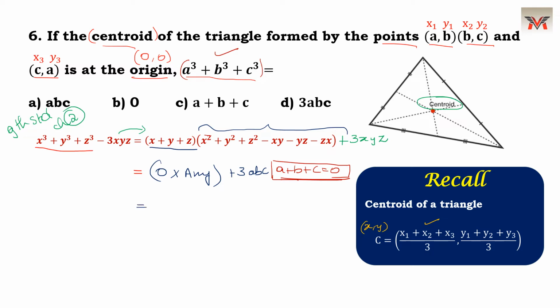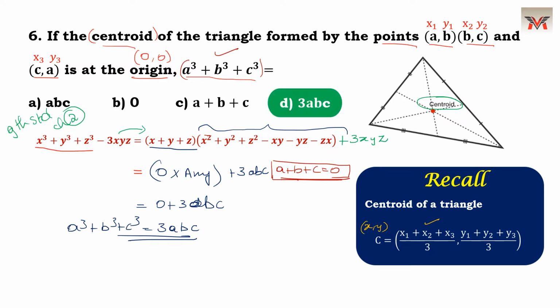So 0 into anything is 0, plus 3abc. Therefore the answer is 3abc. In the formula, what they have asked is x³ + y³ + z³; here it is a³ + b³ + c³, which is equal to 3abc. Therefore, the correct answer is option D, 3abc.